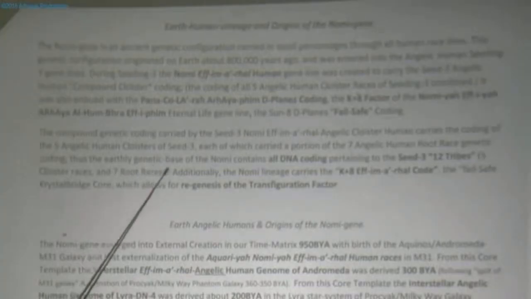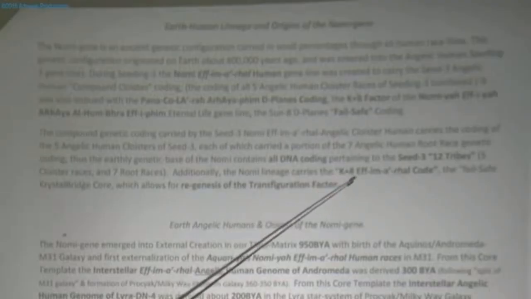The compound genetic coding carried by the Seed 3 NOMI ephemeral angelic cloister humans carries the coding of the 5 angelic human cloisters of Seed 3, each of which carried a portion of the 7 angelic human root race genetic lines coding. Thus, the earthly genetic base of the NOMI contains all DNA coding pertaining to Seeding 3, 12 tribes, the 5 cloister races and the 7 root races.